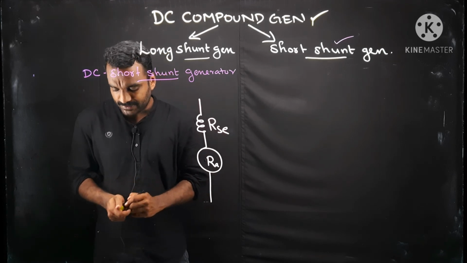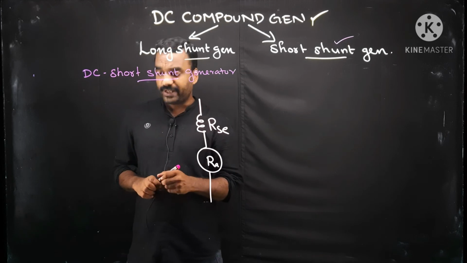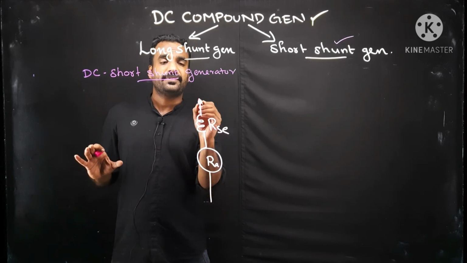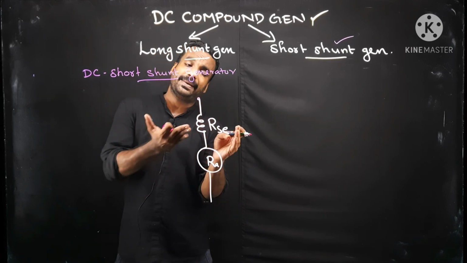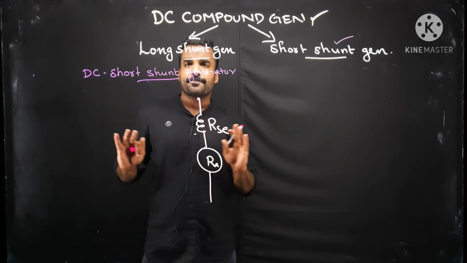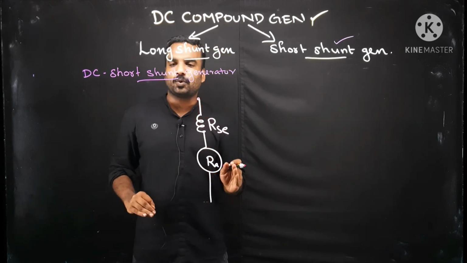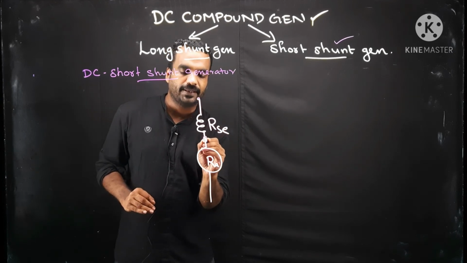Now the question comes: as it is short shunt, how can we connect the shunt winding? Previously, as it was long shunt, we were connecting the shunt winding to this point, overlapping the series winding. But here in short shunt the connection should be short. We are not allowed to overlap the series winding. So we are connecting the shunt winding here.